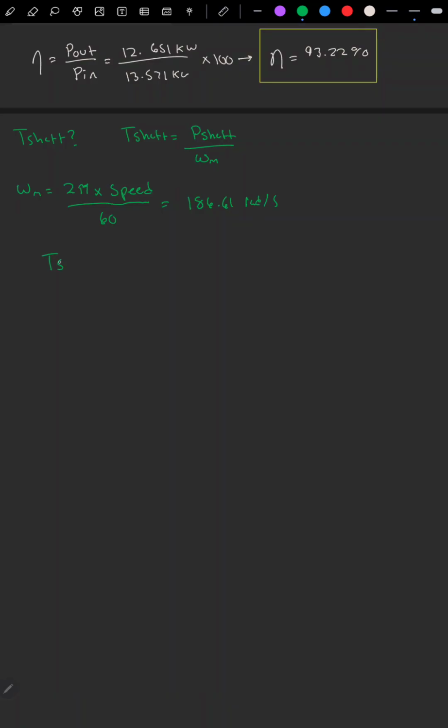So our T shaft is going to equal our P shaft, which is 12.651 times 10 to the third, because we had it in kilowatts, divided by 186.61, which is going to equal 67.79.